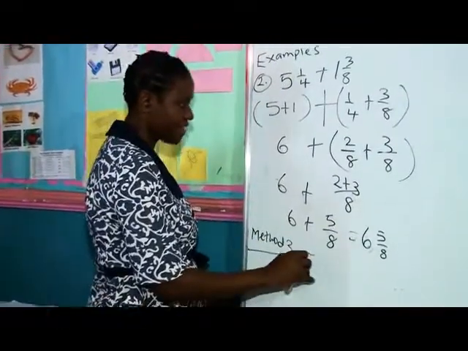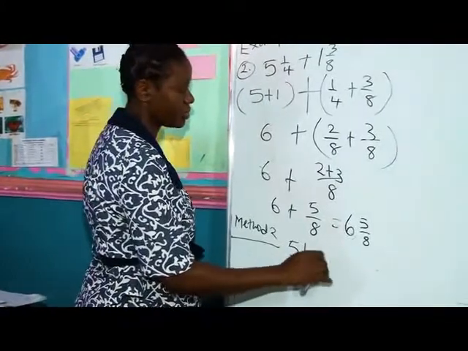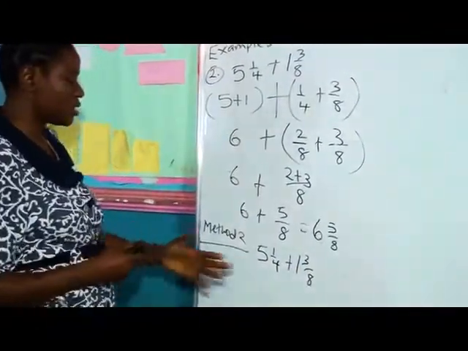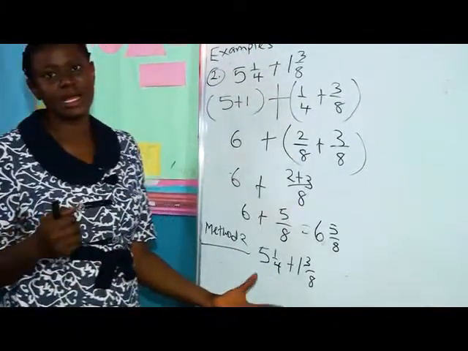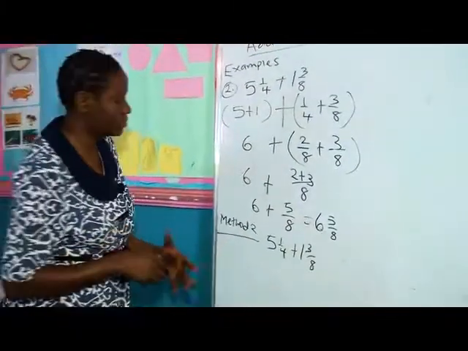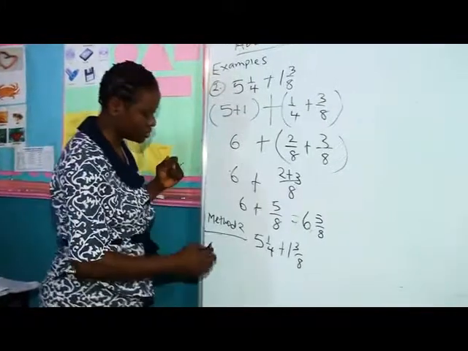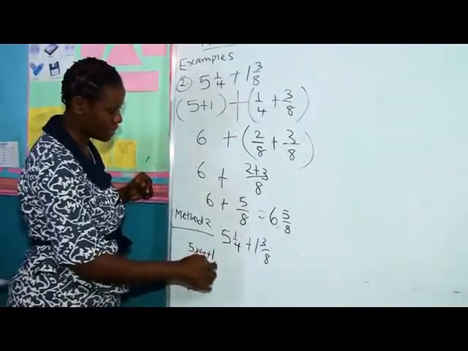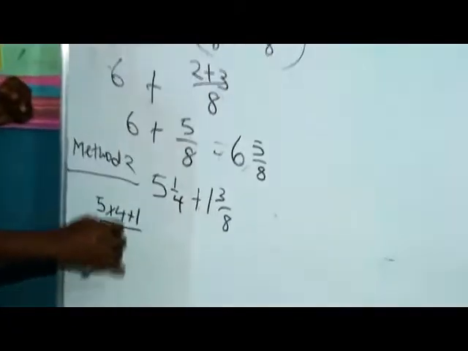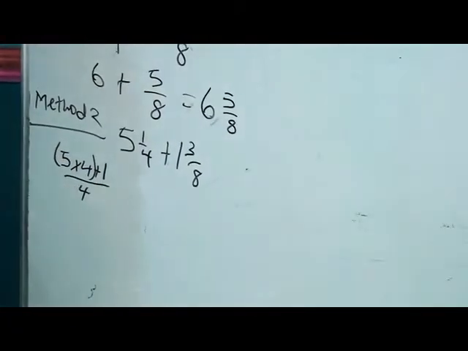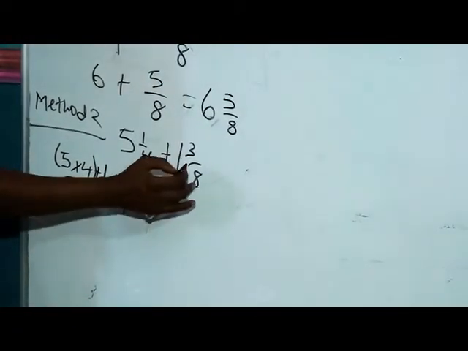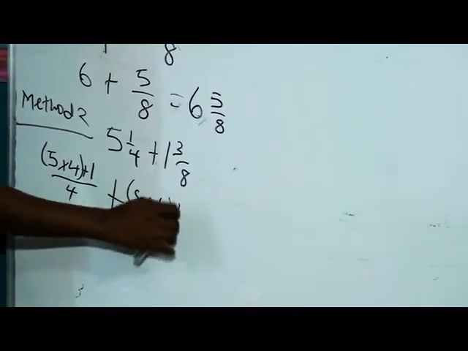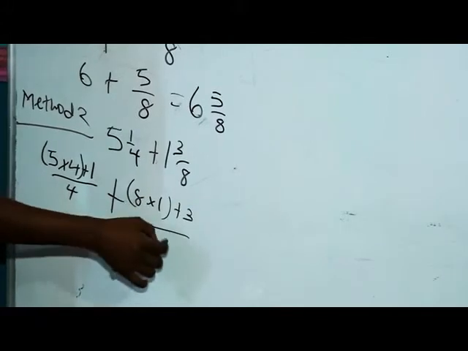I have 5 whole number 1 over 4 plus 1 whole number 3 over 8. This is a mixed fraction, so I convert to an improper fraction. How do I do this? 5 times 4 plus 1 all over 4, plus 8 times 1 plus 3 all over 8.